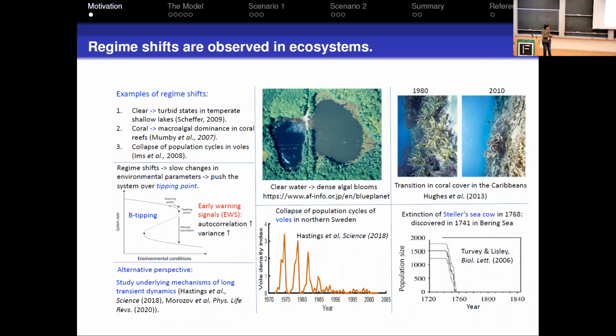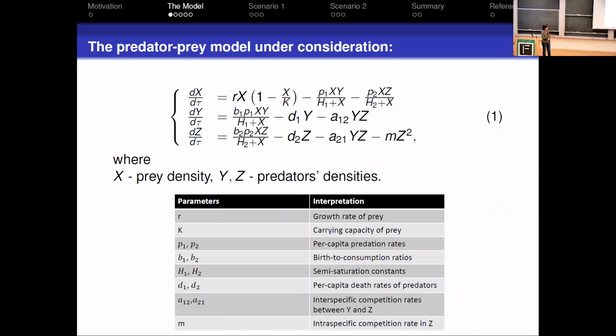So without any delay, I'll be discussing a predator-prey model where we have three species. We have two predators, Y and Z, predating on the same species X. We assume that X grows logistically, given by this first term, and then the predation of X by Y and Z are given by these two terms, where we are assuming Holling type 2 functional responses.